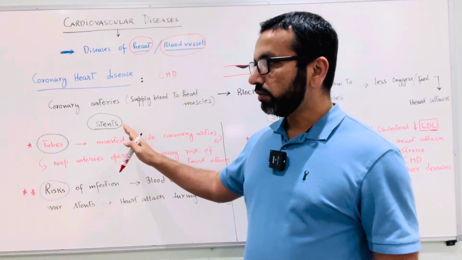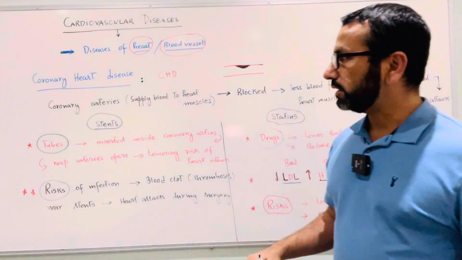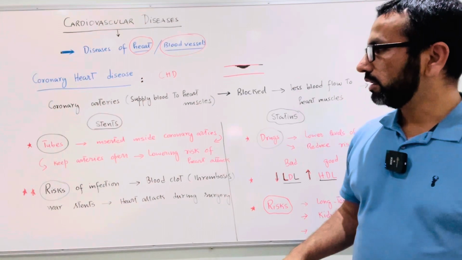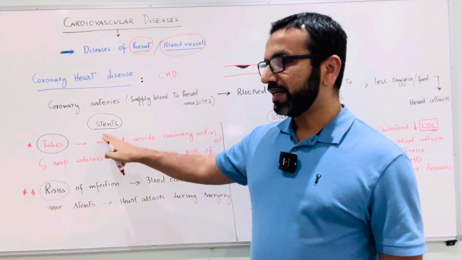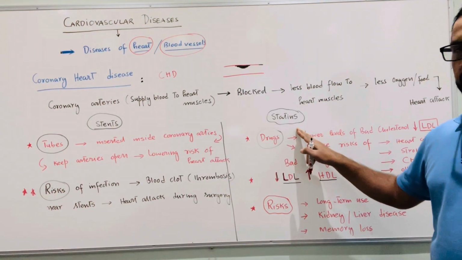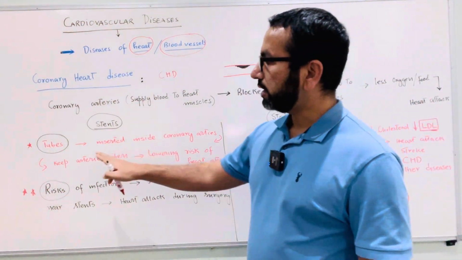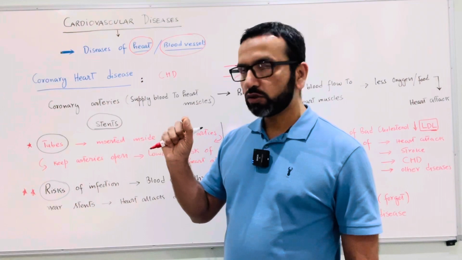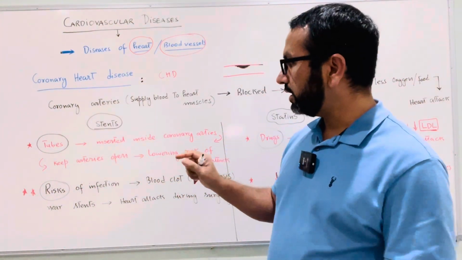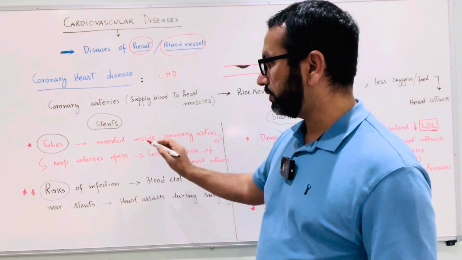There are two solutions to prevent heart attack because of coronary heart disease. One is called stents and the other is statins. Stents are very small, tiny tubes which are inserted inside the coronary arteries.